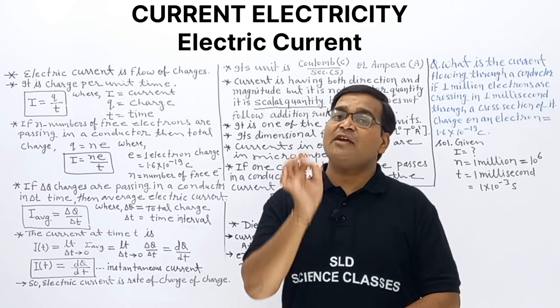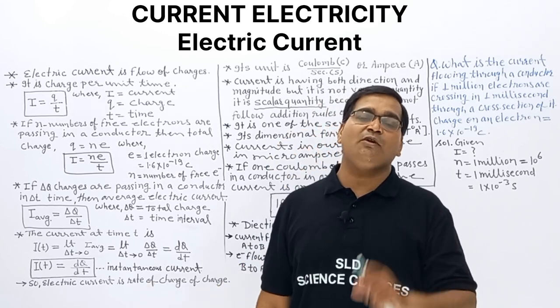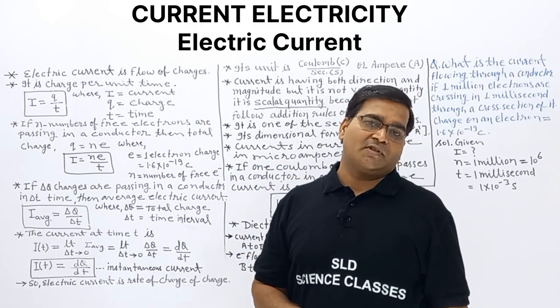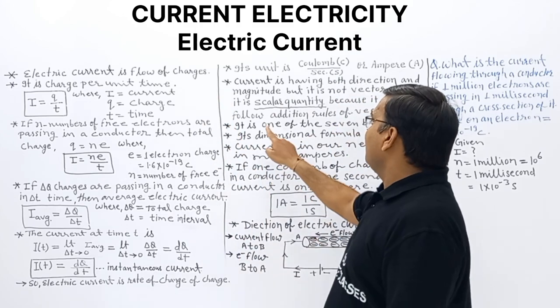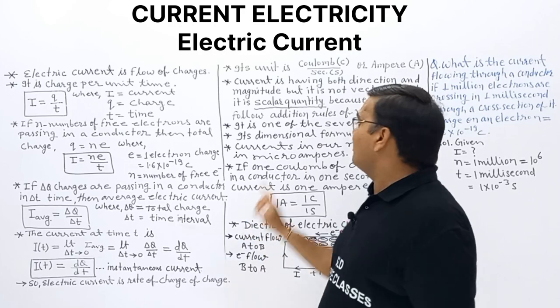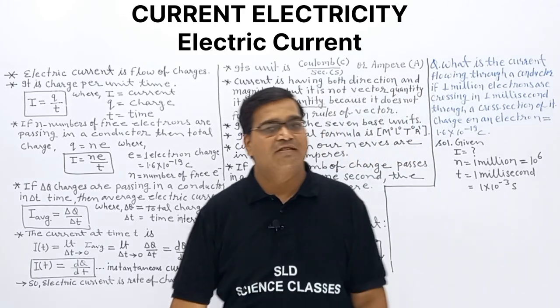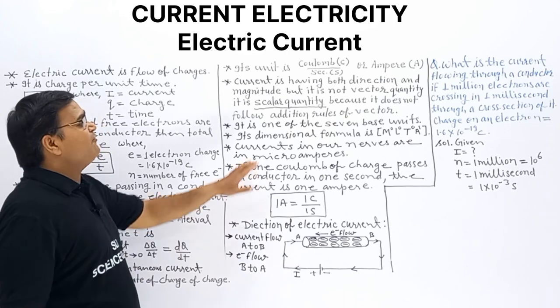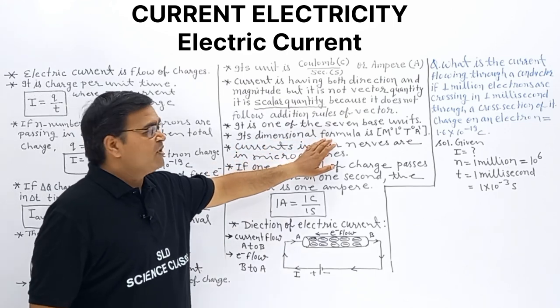So these are the 7 base quantities or fundamental quantities. Out of these, current is one of the 7 base units. Clear? Now, how will we find the dimensional formula?